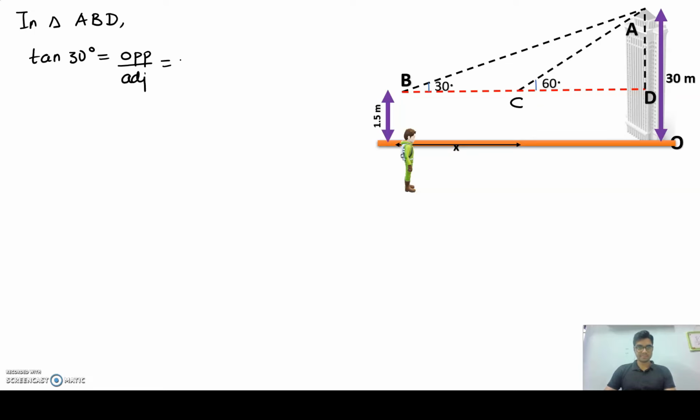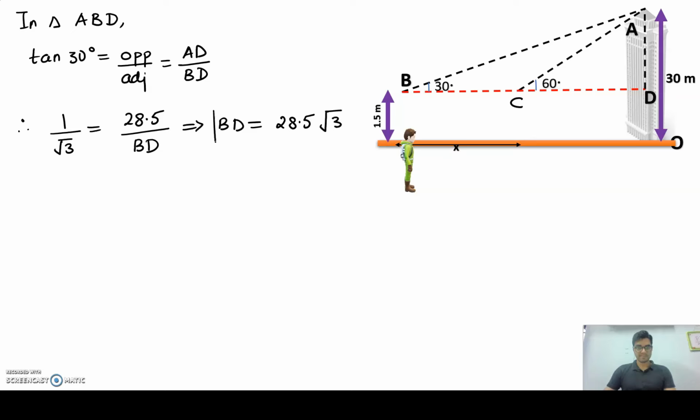Opposite is AD and adjacent is BD. We know tan 30 is nothing but 1 upon root 3. What is opposite? That is AD, which we have just calculated, that is 28.5, and BD we have no clue what is BD. So this implies that BD is, we'll do the cross multiplication, 28.5 into root 3.